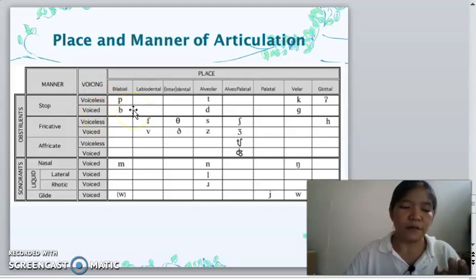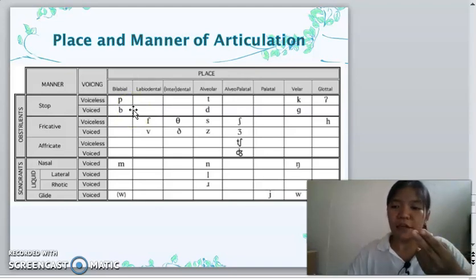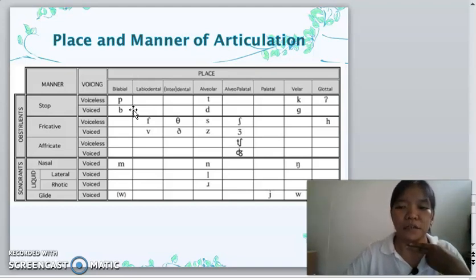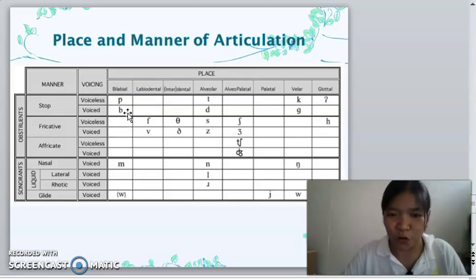Let's do the exercise that I told you a while ago. Get two fingers, put them on your throat, and produce the sound of P. You can't feel any vibration, so it is voiceless. Produce the sound of B. B. You can feel a vibration, so it's called voiced.